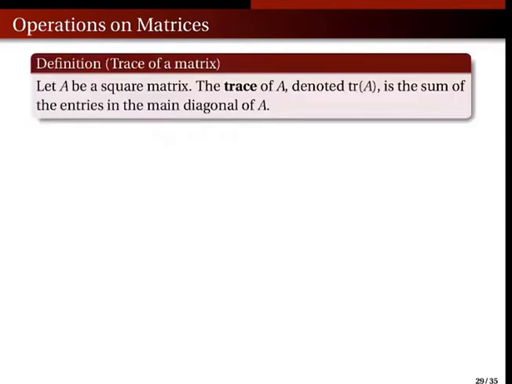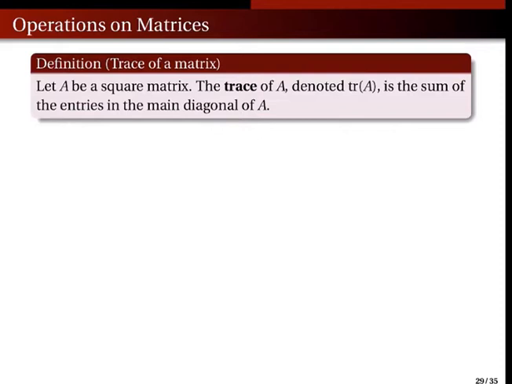Next operator here. Let A be a square matrix. Take note of that condition. A square matrix meaning the number of rows equals the number of columns. Now we will consider what we call the trace of A, denoted by tr(A). This is the sum of the entries in the main diagonal of A. So remember your main diagonal?